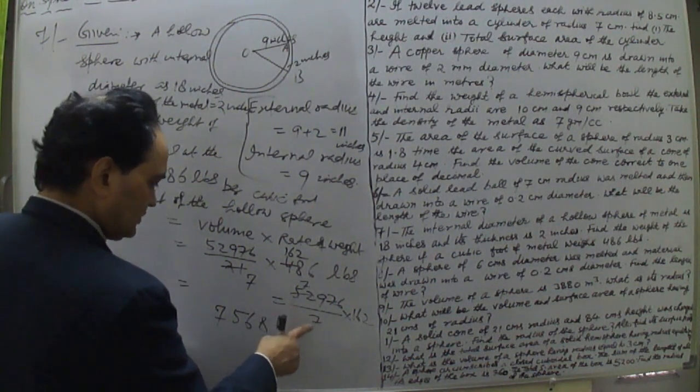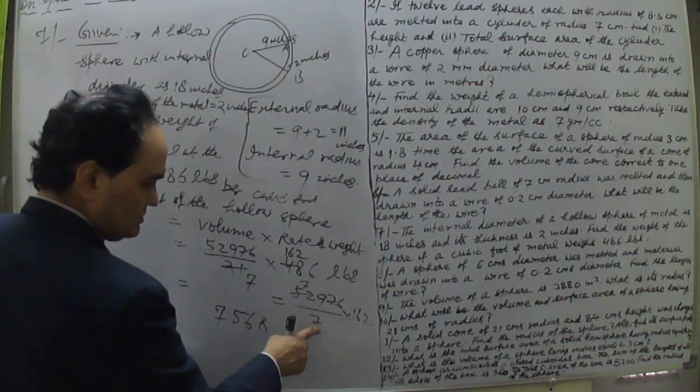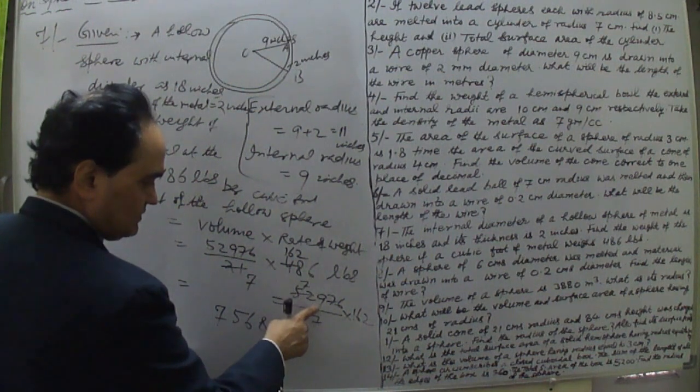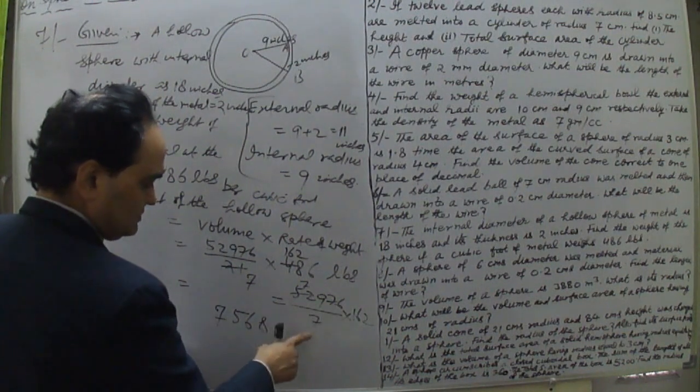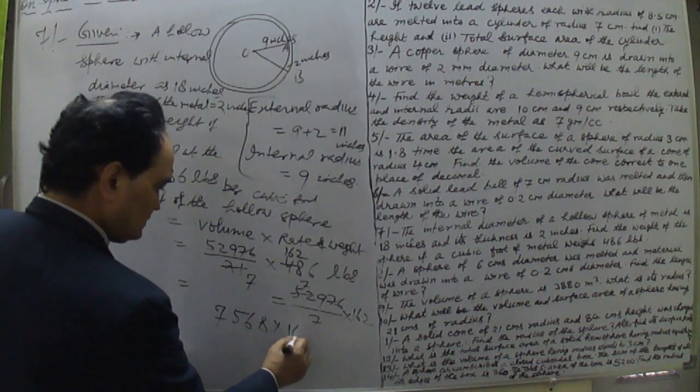Let me check it again. 7 7 is 49, 3 carry 39, 7 5 is 35, 4 carry 47, 7 6 is 42, 47 minus 42 is 5, 56, 7 8 is 56. Completely divided by 7, and into 162.